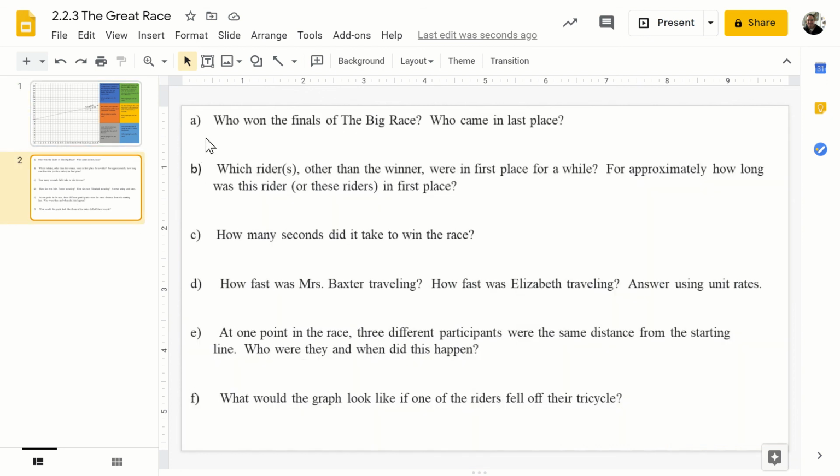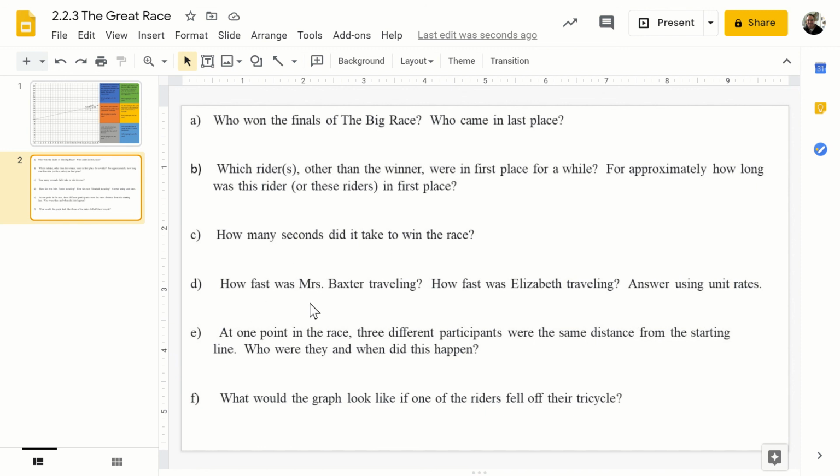And then there's a series of questions here on the second slide: A, B, C, D, E, and F. Who won the finals of the big race? Who came in last place? Which riders, plural, other than the winner, were in first place for a while? For approximately how long was this rider or these riders in first place? How many seconds did it take to win the race?